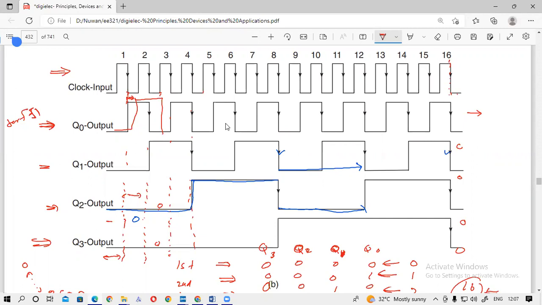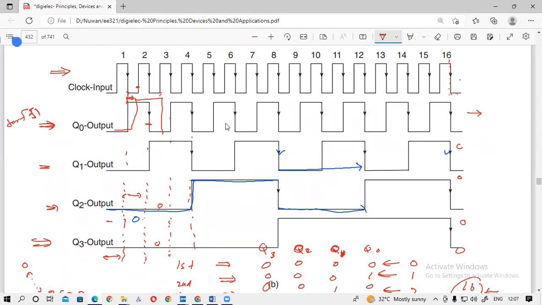Have you any problem? So you can see that due to this propagation delay, this clock and this clock are not synchronized. The clock cycles are not synchronized with each other.